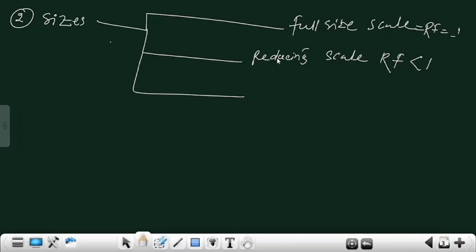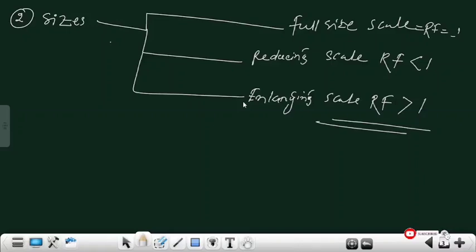Next is the enlarging scale, where the representative factor is greater than 1. These are all examples I discussed in the representative factor examples.